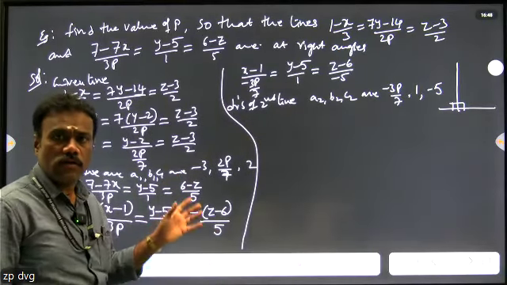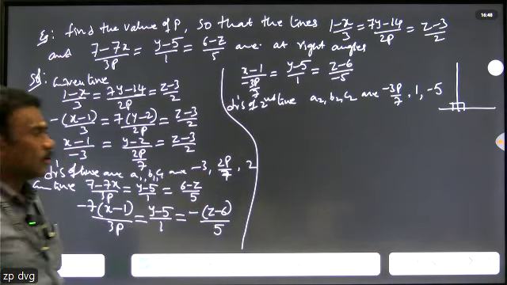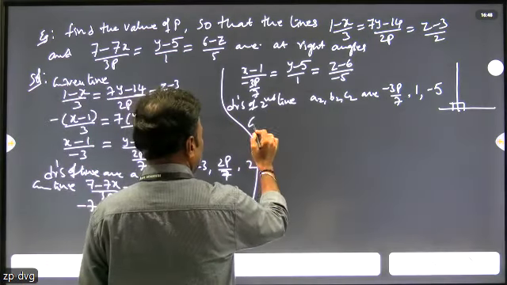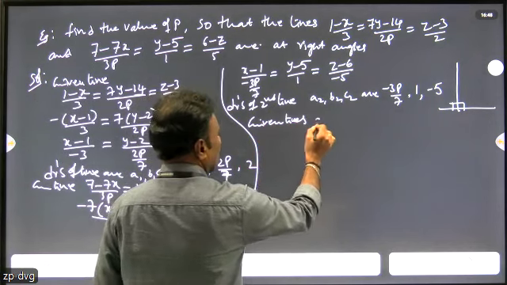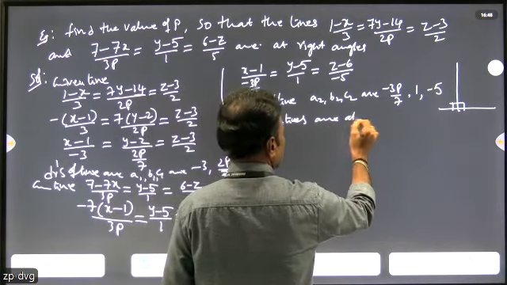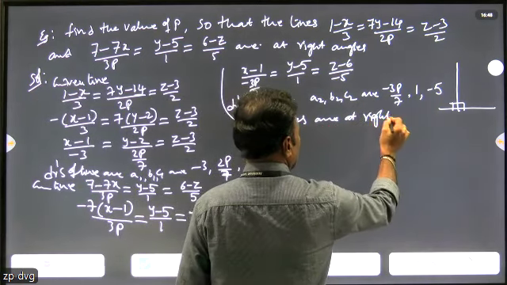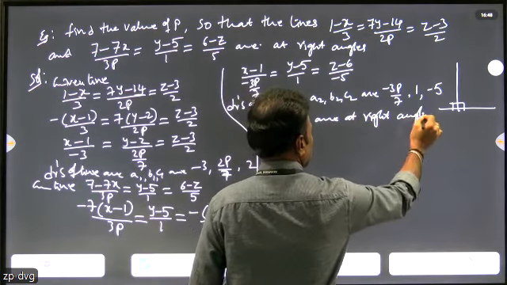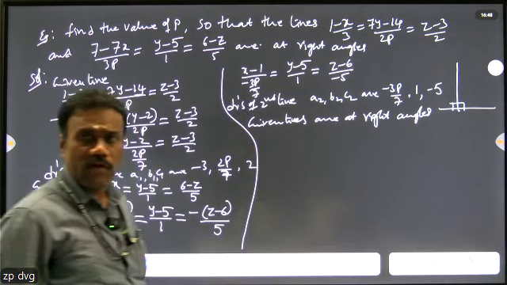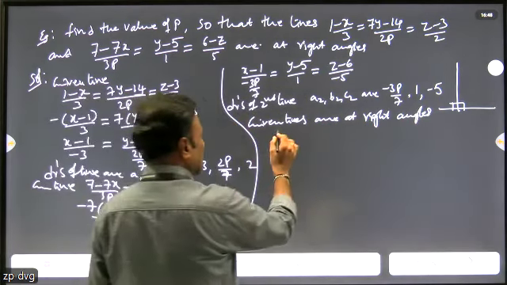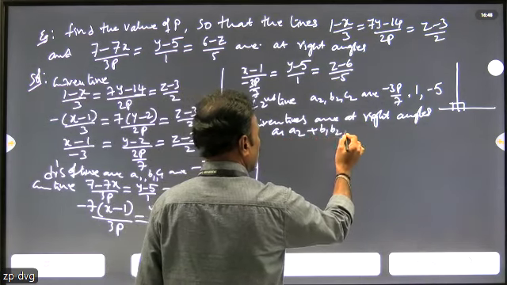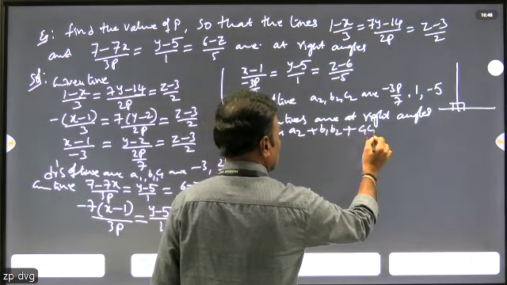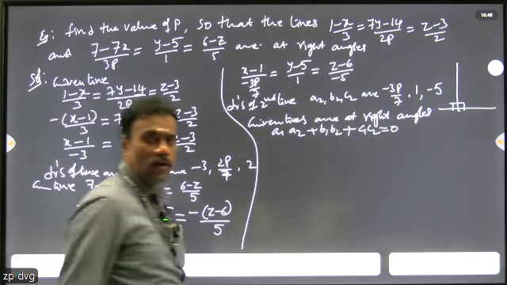You got the direction ratios of the first line and the second line, but our input is that the given lines are at right angles. Right angles means you can take the condition a1 a2 plus b1 b2 plus c1 c2 is equal to 0.